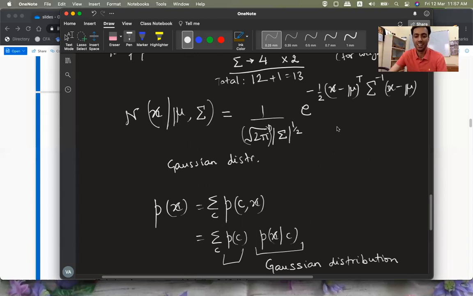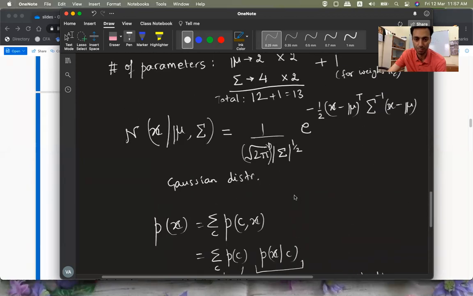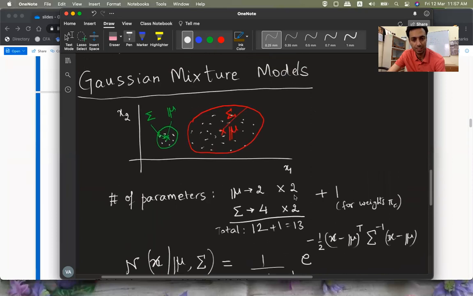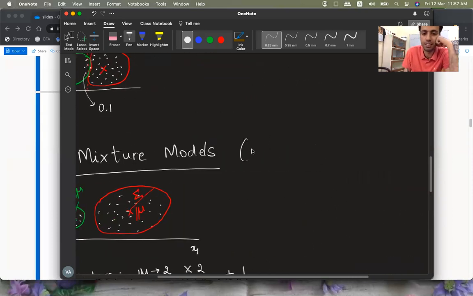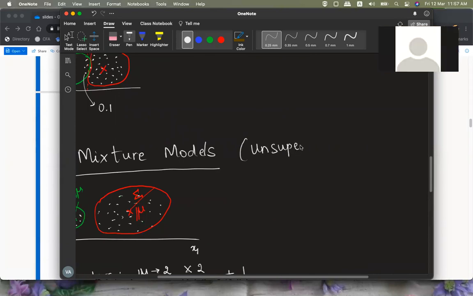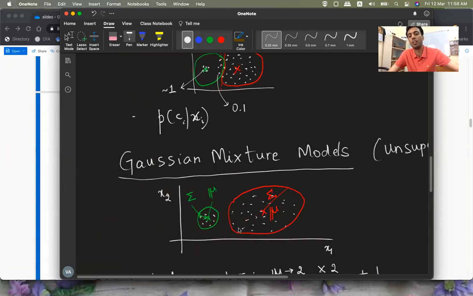Thank you very much. So this is what a Gaussian mixture model is. Anybody has any questions here? So the thing to remember is that this is an unsupervised model. You just have data and you are clustering the data, assuming each is a cluster.